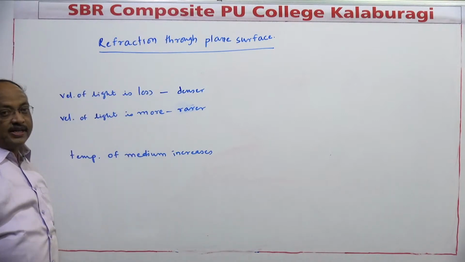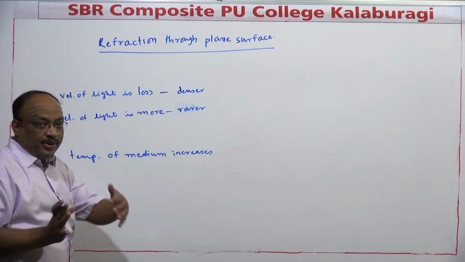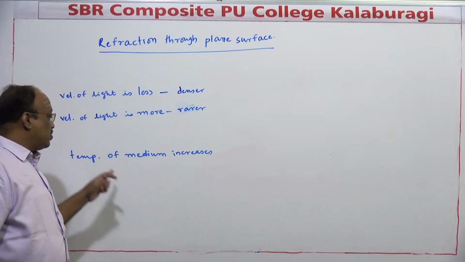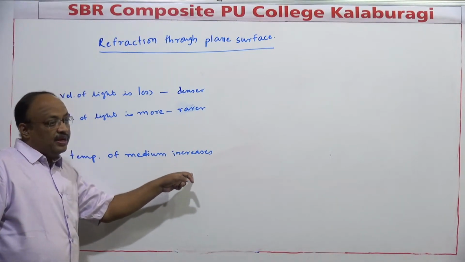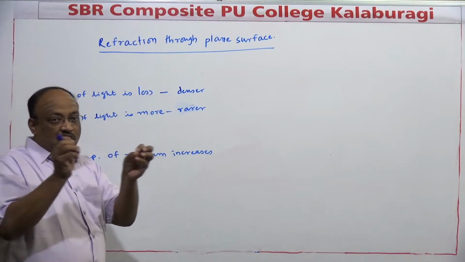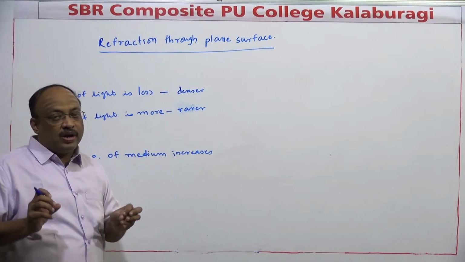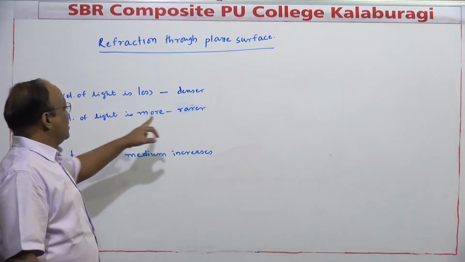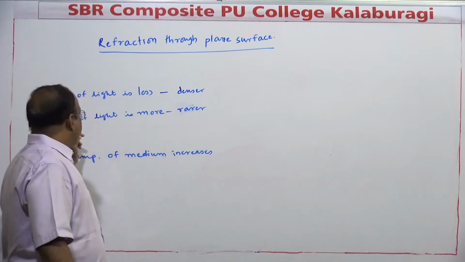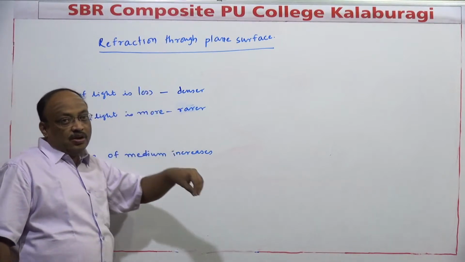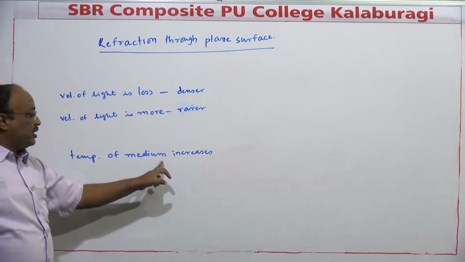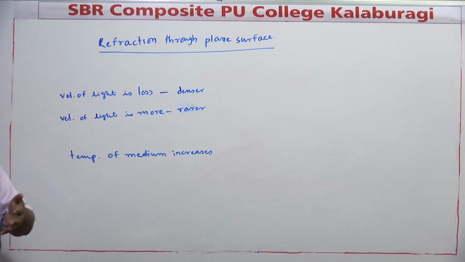If the density is decreasing, it is becoming comparatively a rarer medium. So as the temperature of the medium increases, the molecules move away from one another, it becomes a rarer medium, and the velocity of light will be more there compared to before the temperature increased.